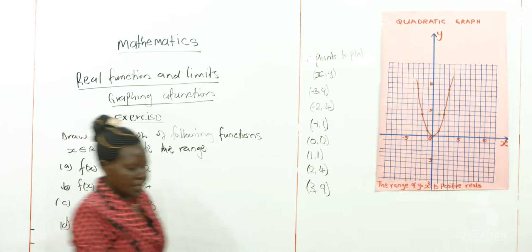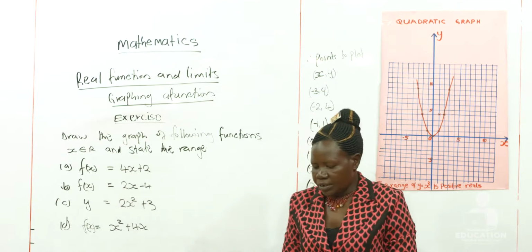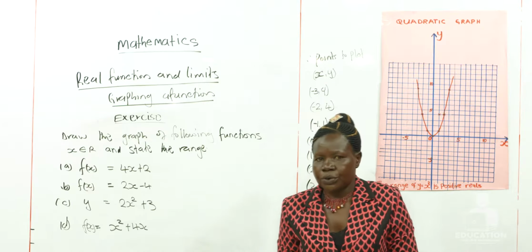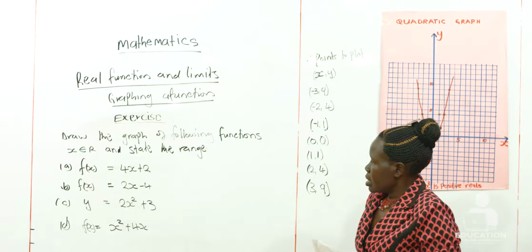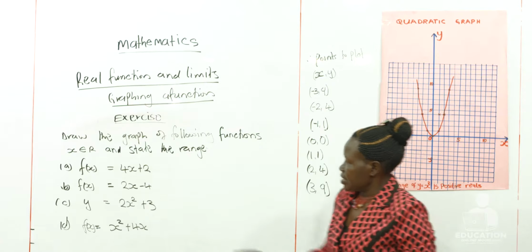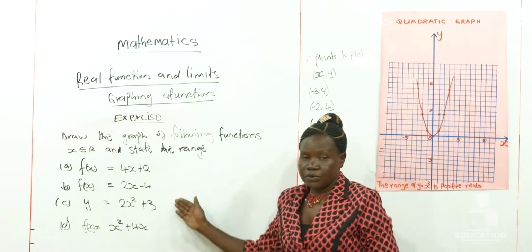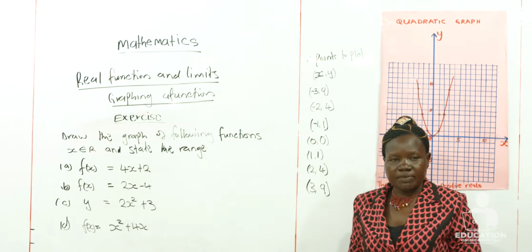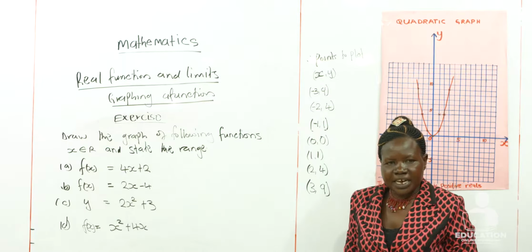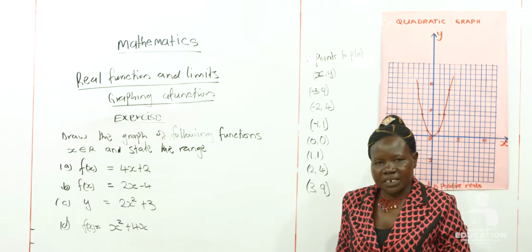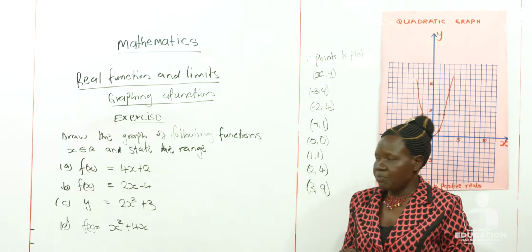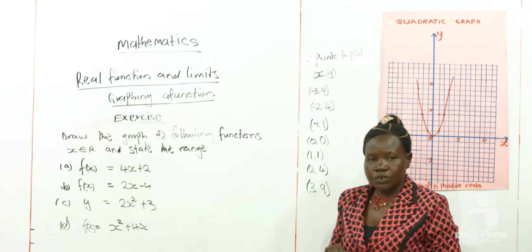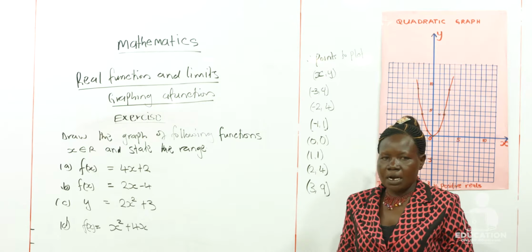So dear learners, take those questions and try to do them as your homework. Identify the function first. That is the first step. Is it a linear function or a quadratic function? If it is a linear function, then you will draw a linear graph.